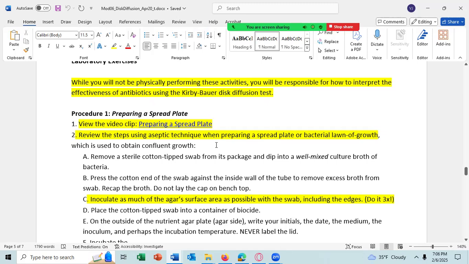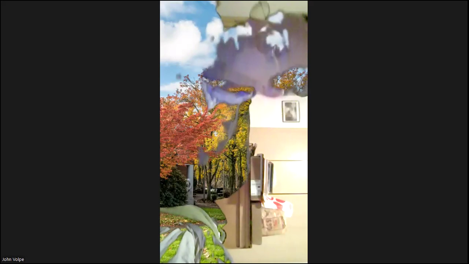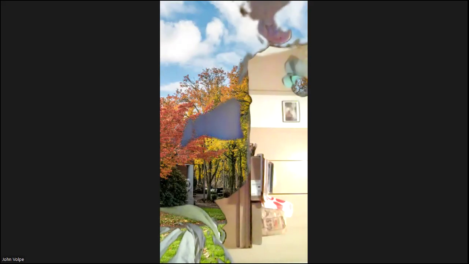Let me go ahead and show you. We're going to pretend that this is the plate. Let me stop the share here and then I can see it better. And you'll see it better too, I think. And we're going to pretend that this is my loop, or actually a swab. You take the swab and come up to your stock culture, which has liquid broth in it.